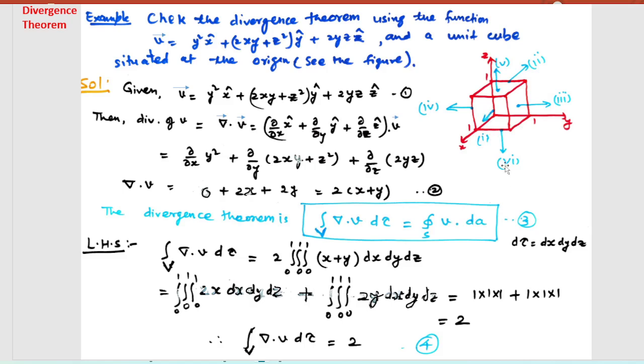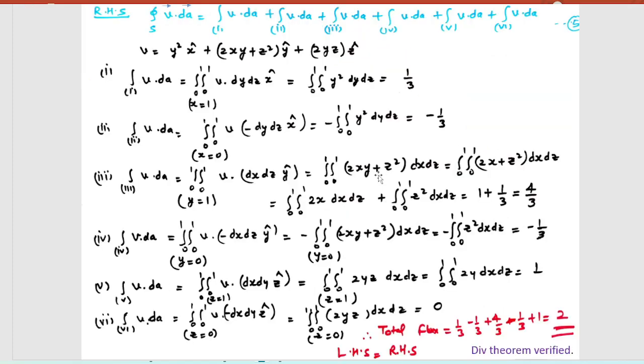So if we take face 1 in the plus x direction, the second face in the minus x direction, the third face in the plus y direction, the fourth face in the minus y direction, the fifth face in the plus z direction, and the sixth face in the minus z direction. So now we have to find the right hand side, that is the surface integral. B dot dA for the closed surface will be for the first surface B dot A plus the second plus third, fourth, up to the 6th surface, meaning all 6 faces.